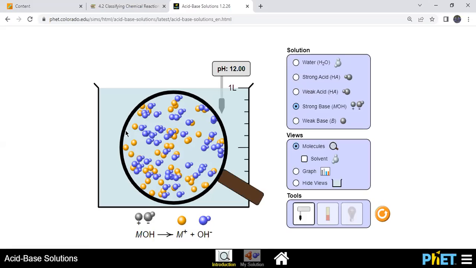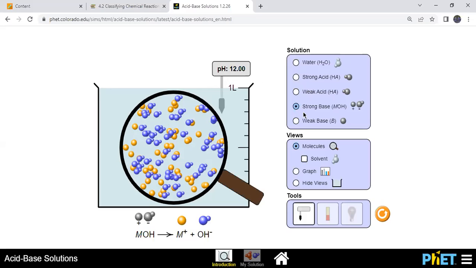So we look here, you can see the metal, which ends up being the orange ion, and then the hydroxide group, OH. You can see that's fully dissociated when this is in water. And the pH is 12. That means it's very basic. Anything 8 and higher is basic. So 12 is almost to the maximum pH for a base, which is 14.